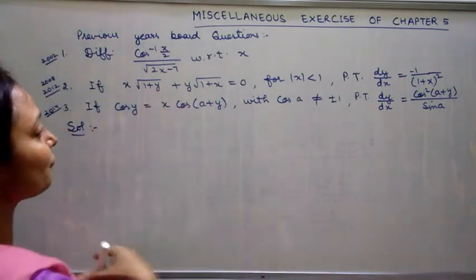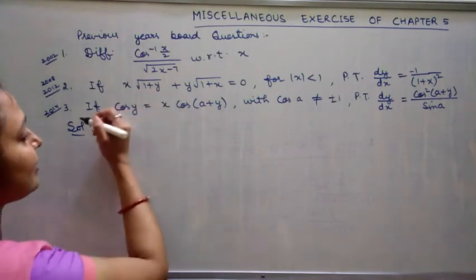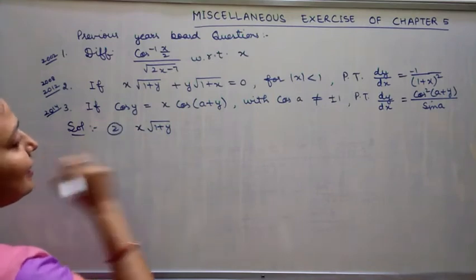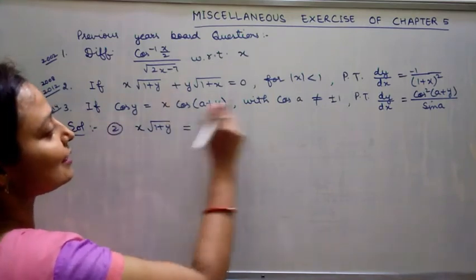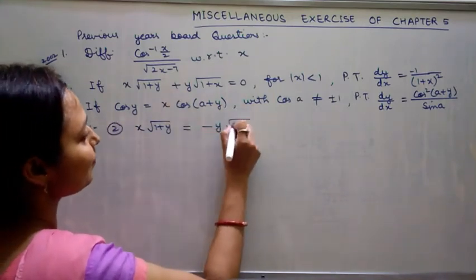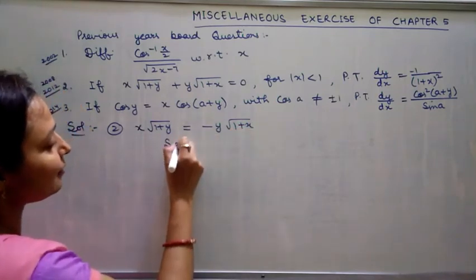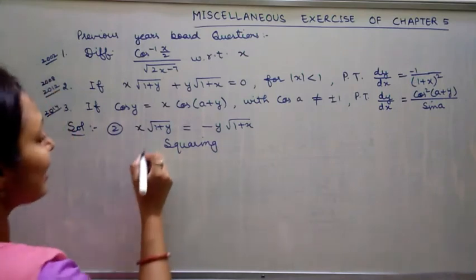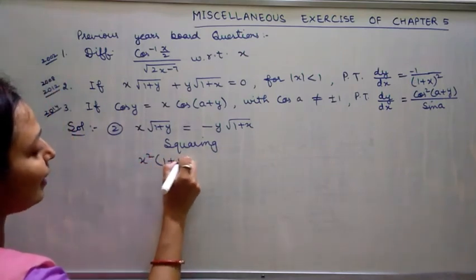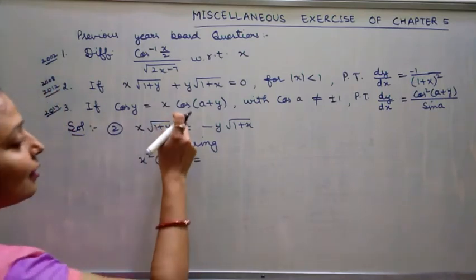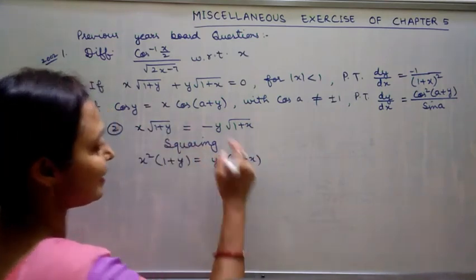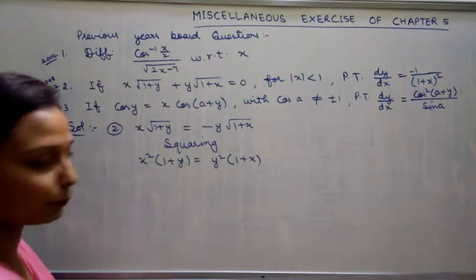First of all, I will simplify it like x under root 1 plus y. This is question number 2, equal to, I will take this on the right hand side, y under root 1 plus x. When you take the squaring on both sides, x square into 1 plus y, and the square will cancel the under root, y square into 1 plus x, that square will cancel the under root.